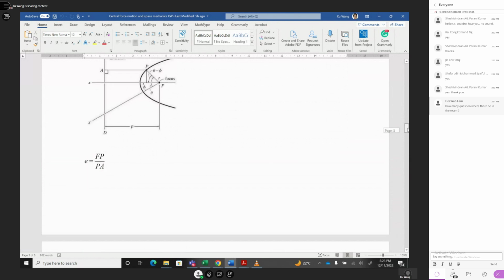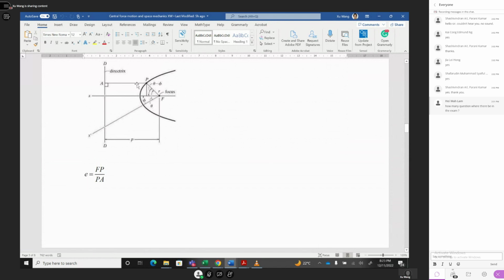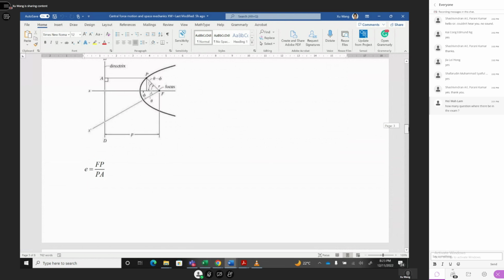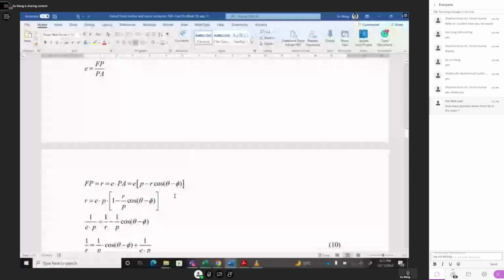So what is PA? PA is this one, equal to how much? Equal to P minus this distance. This distance equals R cosine theta minus phi.